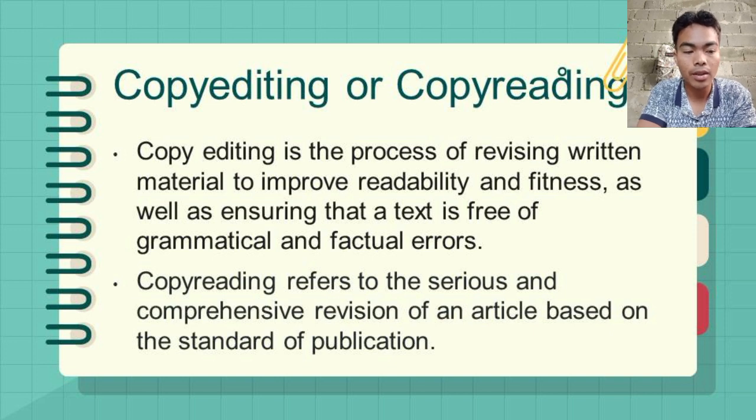The copy editor ensures that the writing is clear, concise, and coherent. Copy reading, on the other hand, is a more focused type of editing that involves reviewing written materials for errors in grammar, spelling, and punctuation, as well as ensuring that it follows specific guidelines or style guides.